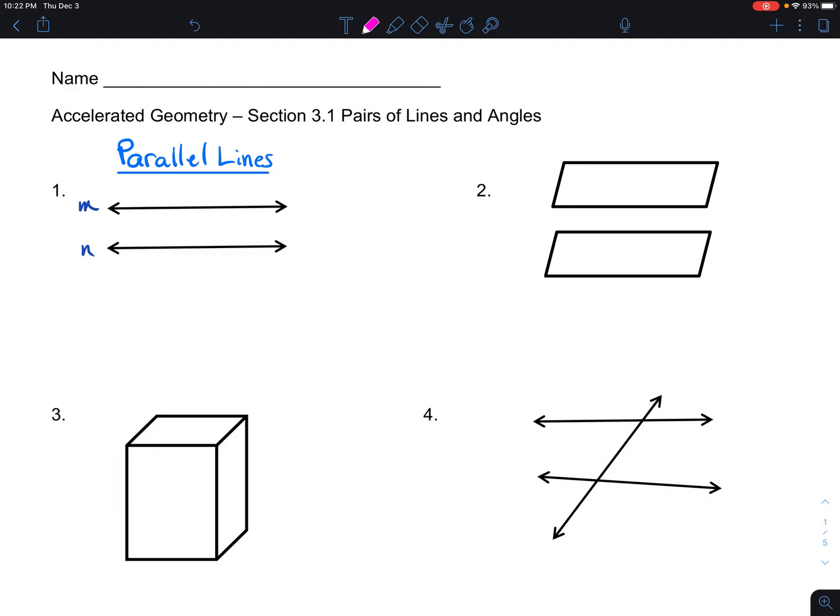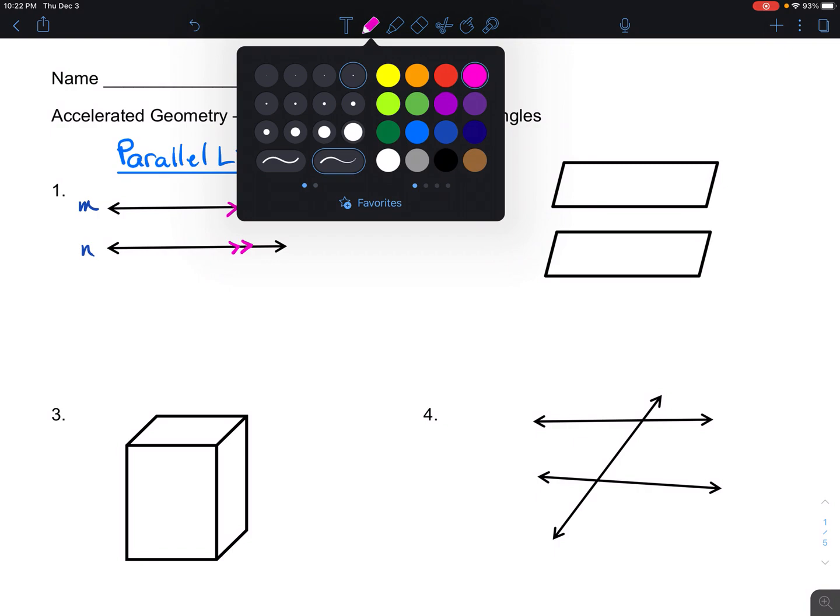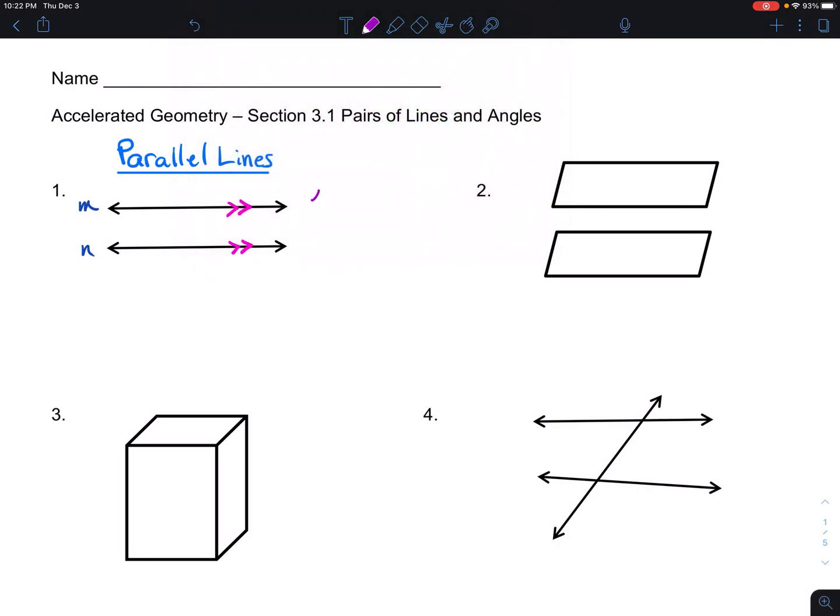We can put markings: a single arrowhead, or double arrowheads, and this tells the reader that the two lines are parallel. The other way would be writing it, line M is parallel to line N.